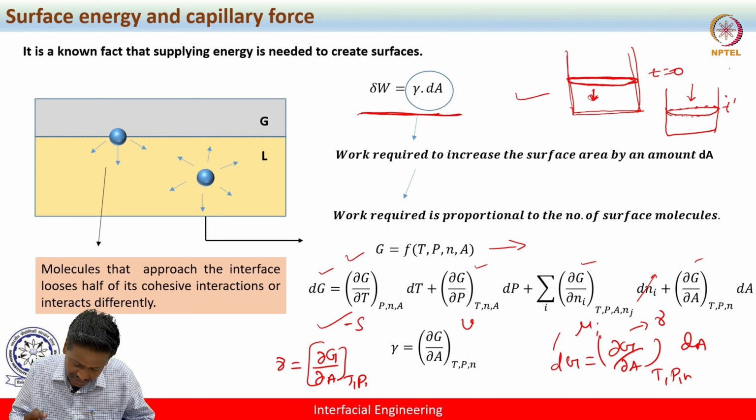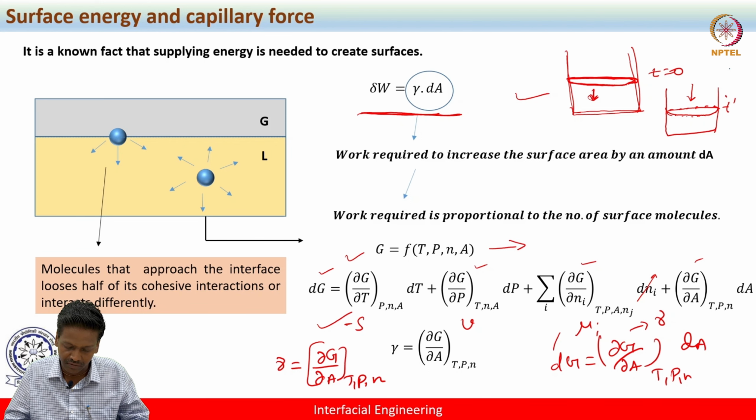You can even say constant N. Now we can look at how, from the combined first and second law of thermodynamics, we can get the definition for surface tension. We know the first law and the second law of thermodynamics.